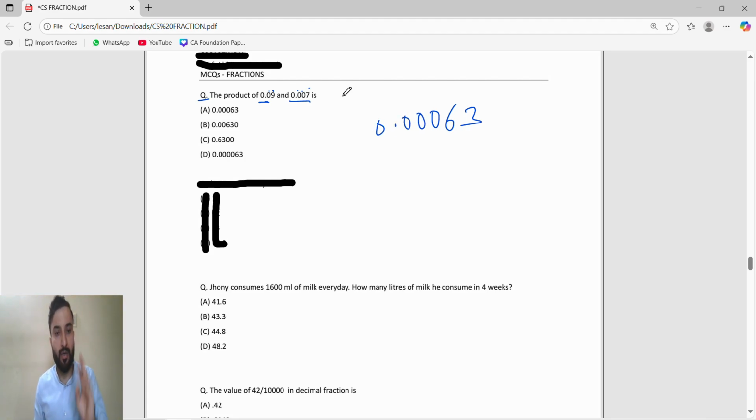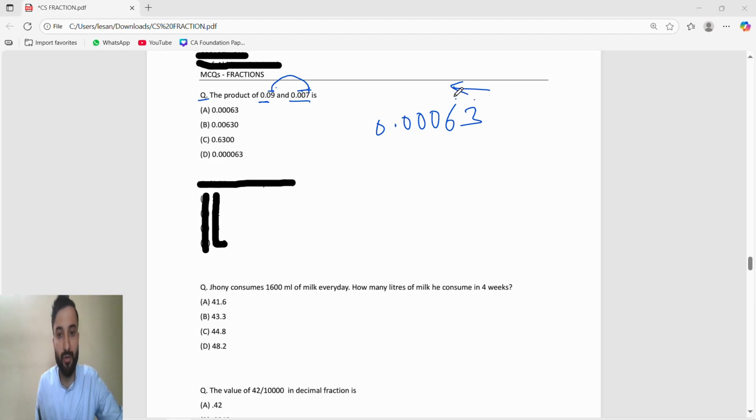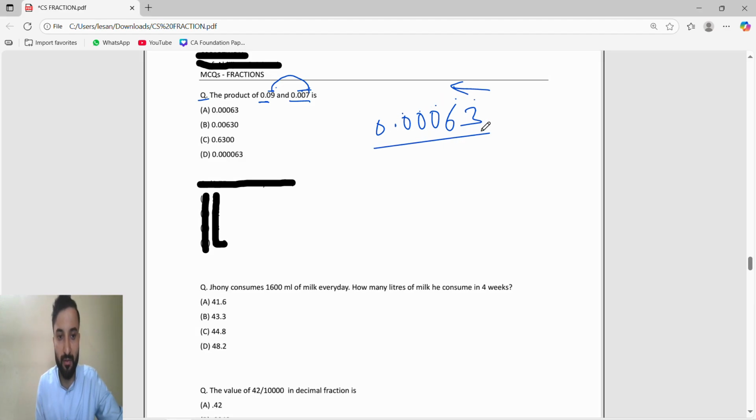First multiply the numbers. 7 nines are 63. Done with the numbers? Yes sir, done. After that we have to see how many digits there are after the decimal, 3 here and 2 here, so 3 plus 2 is 5 digits. So we have to place the decimal after 5 digits, and the remaining digits will be substituted with 0. The answer is 0.00063.